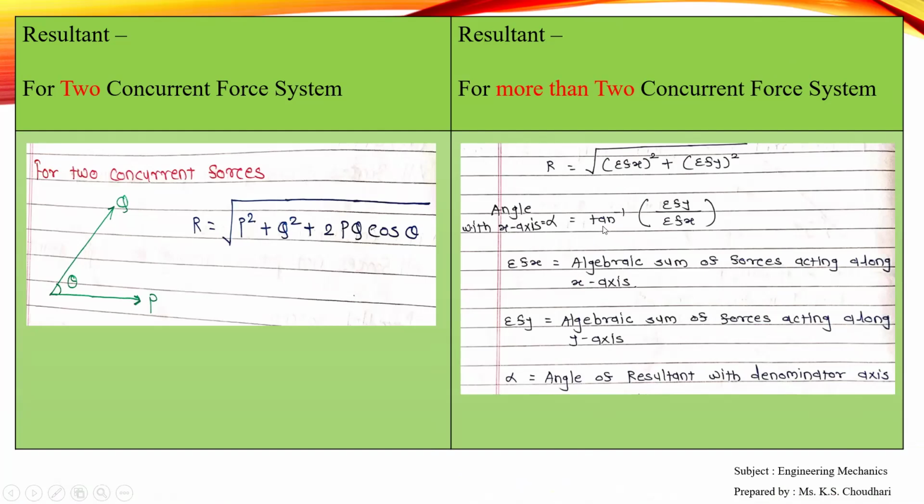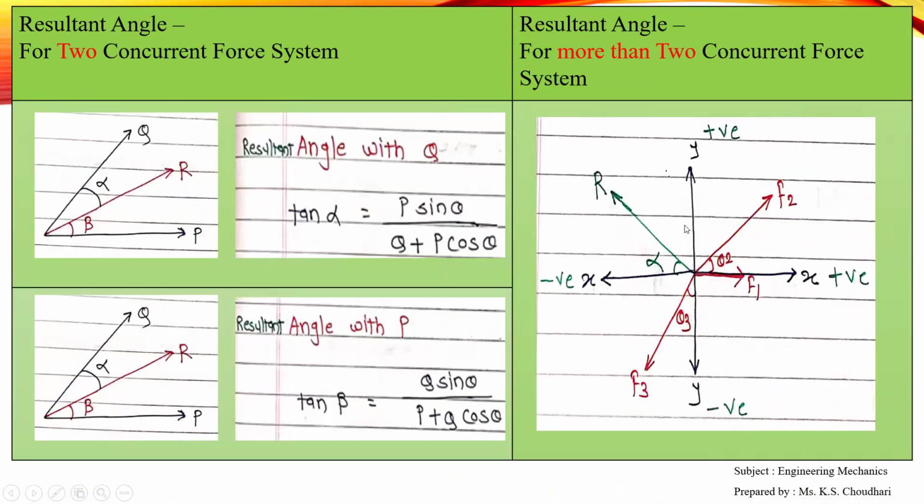Normally the formula is tan alpha is equal to summation of Fy divided by summation of Fx. But when we put tan on the right side, it becomes tan inverse. So the formula is alpha is equal to tan inverse of summation of Fy divided by summation of Fx, and alpha is nothing but the angle of the resultant with the x-axis.